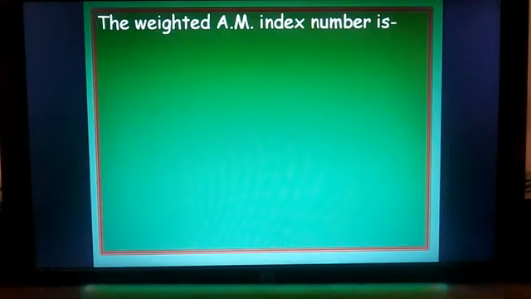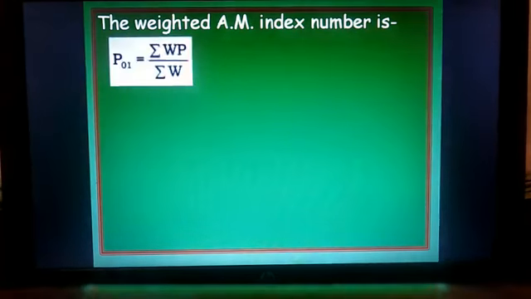The weighted arithmetic mean index number is, based on arithmetic mean we are observing now, it is summation of WP divided by summation of W. It is very much similar to weighted arithmetic mean. Sum of Wx divided by sum of W we were considering in terms of weighted arithmetic mean.